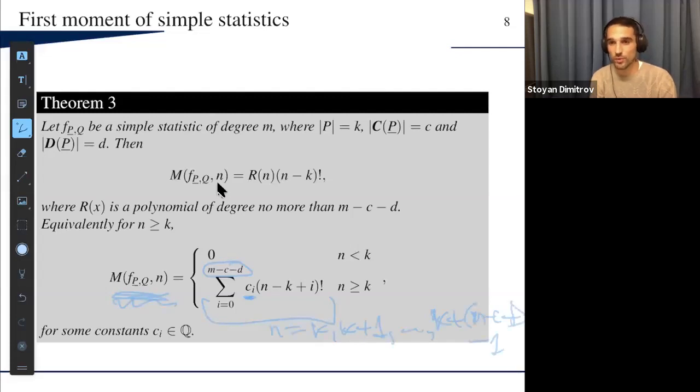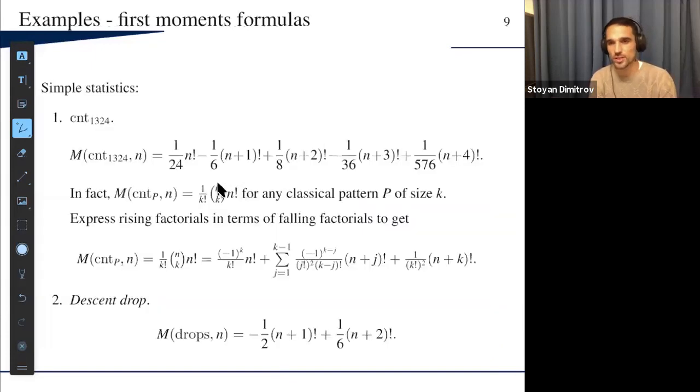In this way, I will have a system of linear equations with that many equations and that many unknown variables. So I can just solve it and find the C's. And here are two formulas that are the results of applying this approach.